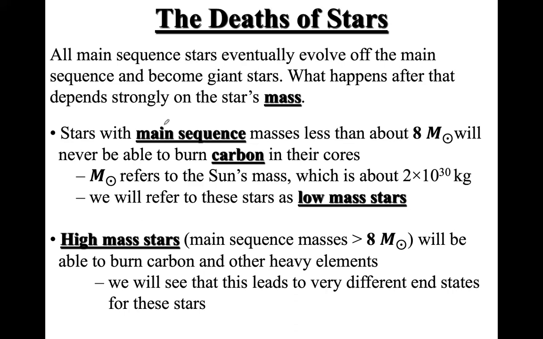Remember, there is a sequence that happens. Hydrogen becomes helium, and then the helium becomes the next heavier element, carbon, and then it will go on to other heavy elements, right? However, when you have stars of less than 8 solar masses, they cannot burn carbon in their cores, because their mass is smaller, so they cannot contract the star enough to increase the temperature to a point where they can burn carbon, right?